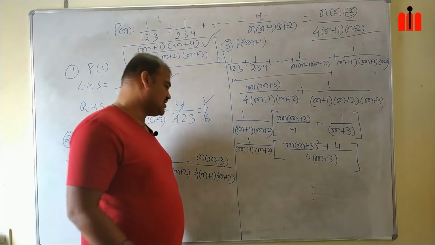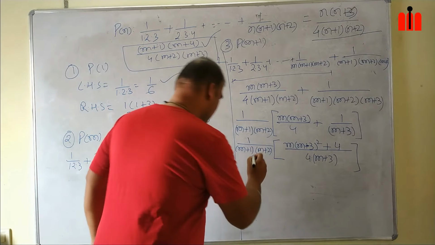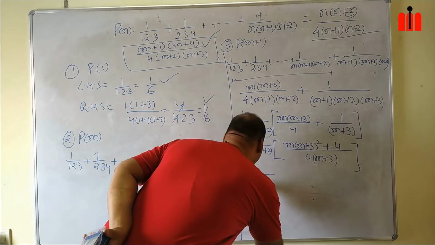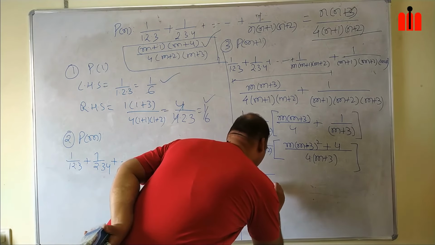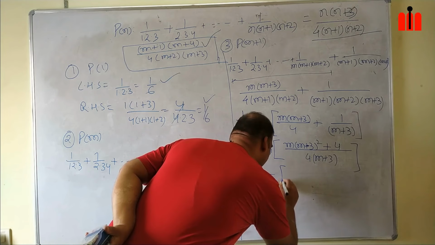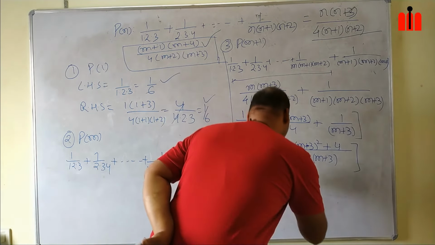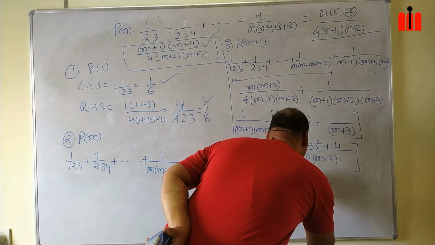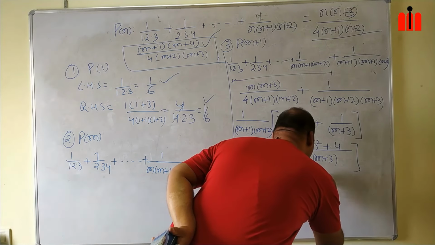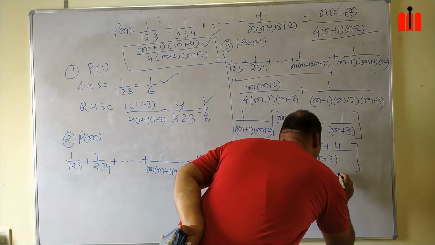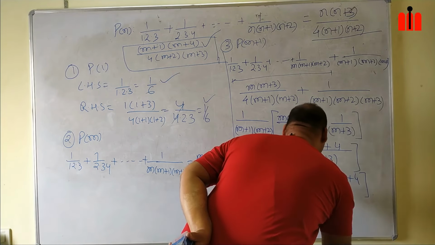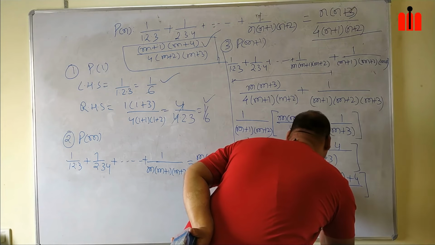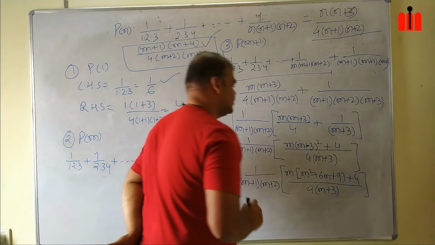Let's write the entire step and not skip anything: 1 by m plus 1 m plus 2, times m into m square plus 6m plus 9 plus 4 by 4 into m plus 3.